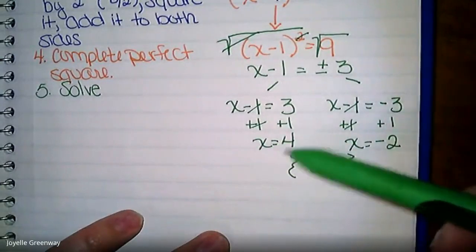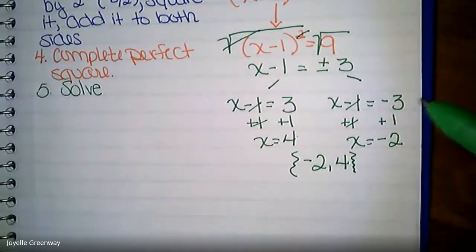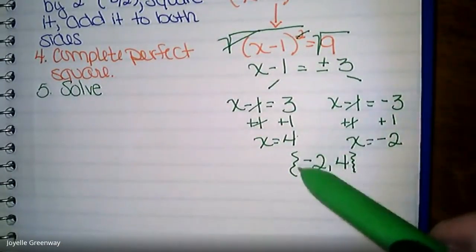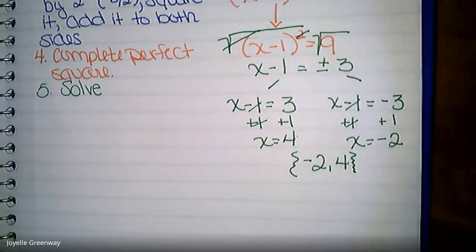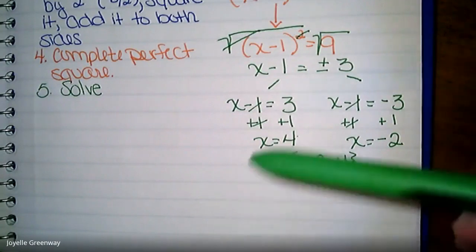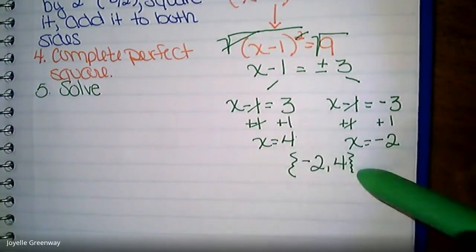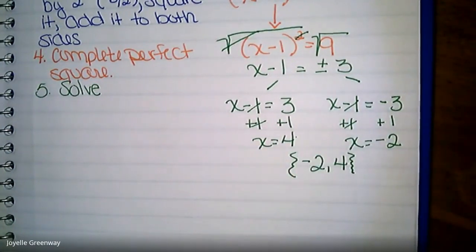Or you can just leave it as x equals 4 and x equals negative 2. This is just a solution set. They're literally squiggly lines. It's not that fancy bracket. Okay? So that's how you complete the square. And if you were to factor this out, we would get negative 2 and 4 for an answer.